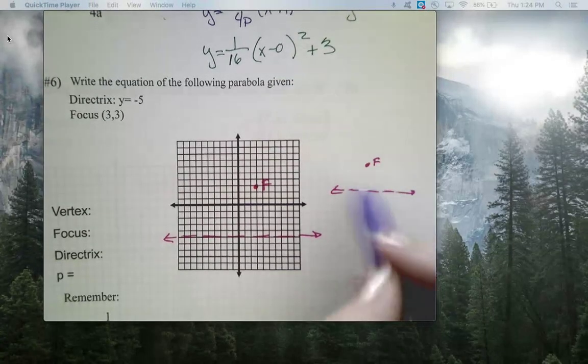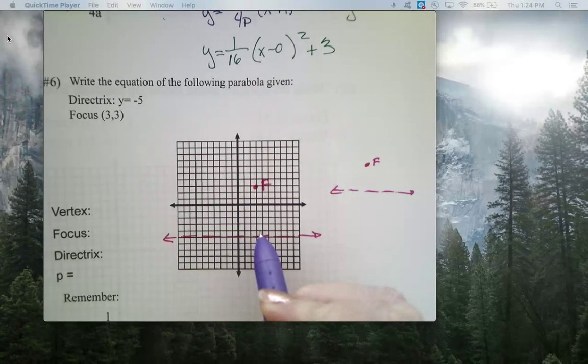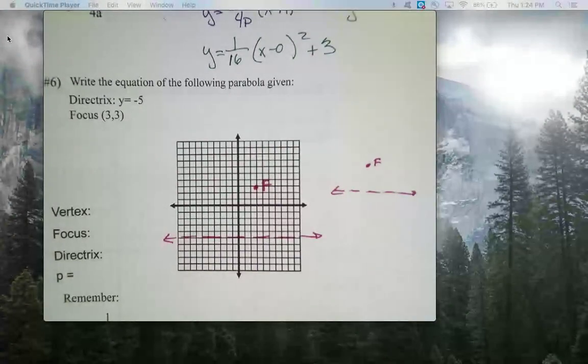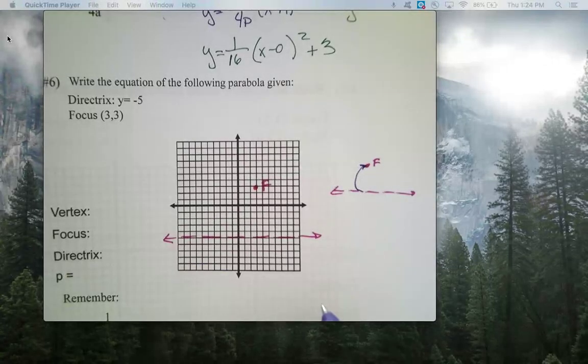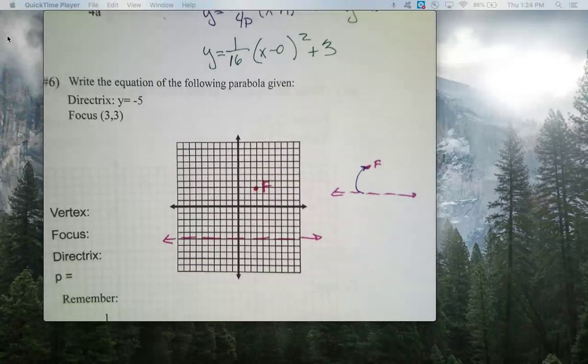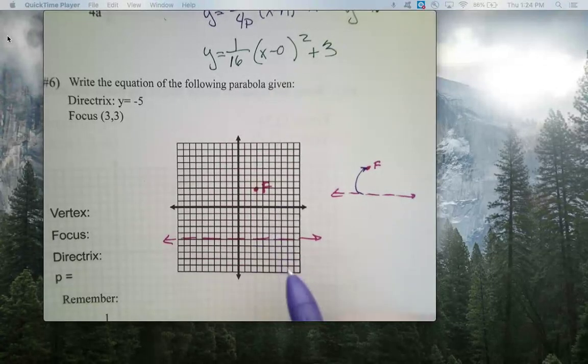Where does it lie between? There's a specific location. Would it lie down here, the vertex? It has to lie right where? Right in the middle, halfway. So if you found the full distance from the directrix to the focal point, and you took half of it, you have your focal length. So I know to go from -5 all the way up to 3 would be 8.